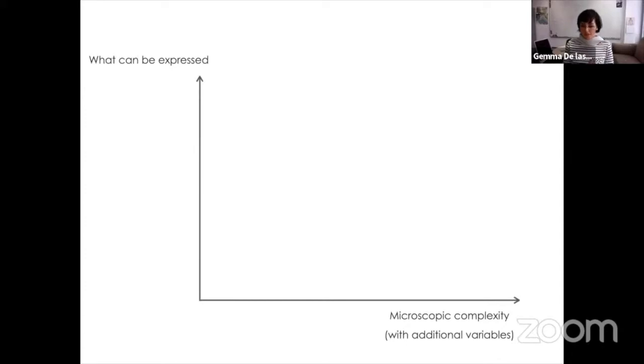If you imagine some diagram where you consider the microscopic complexity of your system, which is empowered with some additional variables, and you consider what this system can express or simulate, then naively, you might expect that the more complex the system, the more expressive it is.